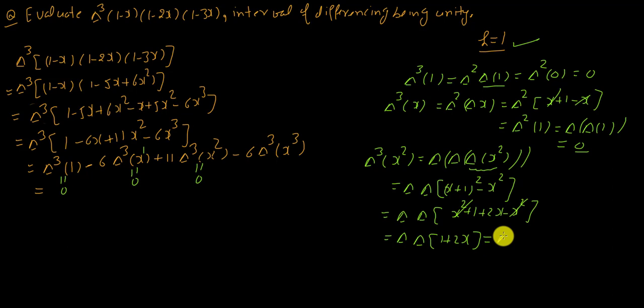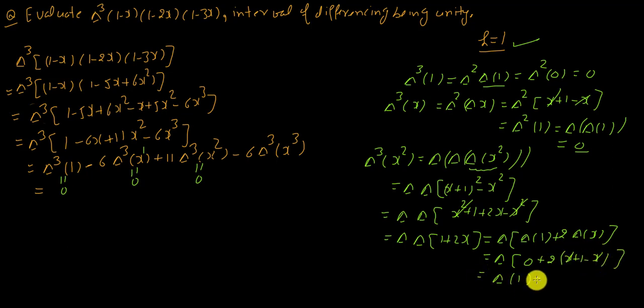Fine. Now this delta is distributive over addition, delta 1 and 2 will come out, this 2 being a constant quantity, this is also the property, delta of constant is 0 plus 2 delta x, or delta x is x plus 1 minus x, x will cancel out, so we are left with delta 1 which is 0, so this is 0.